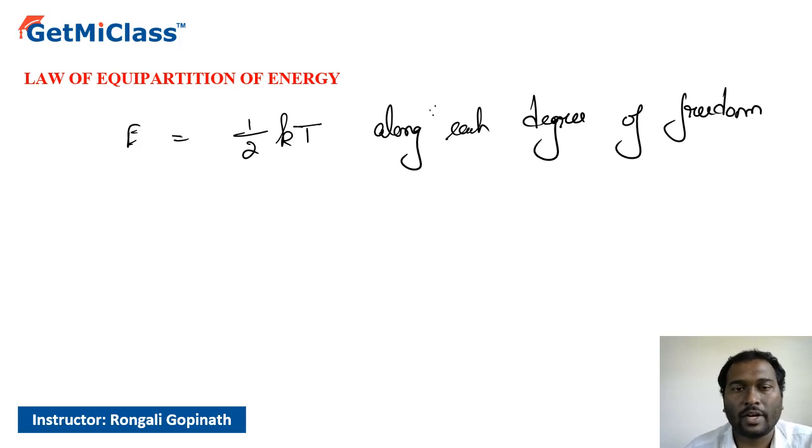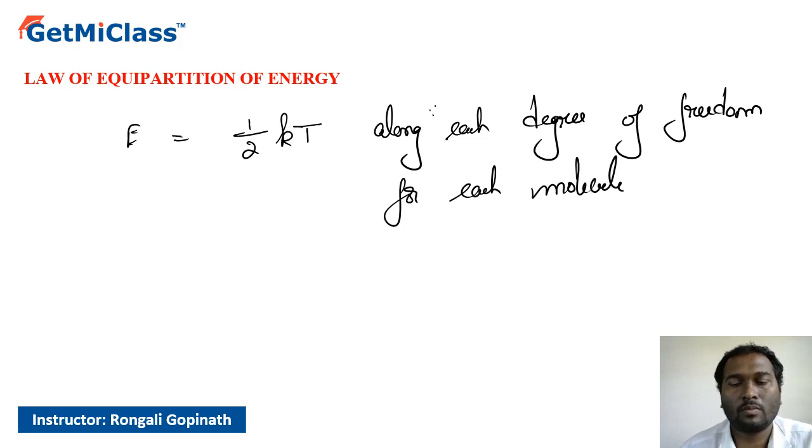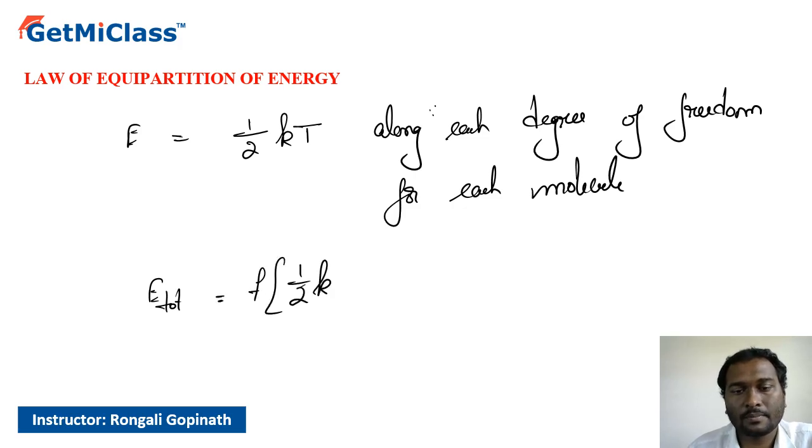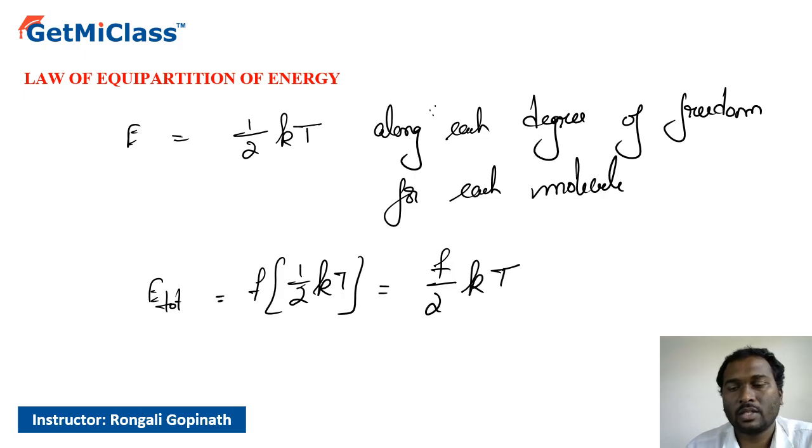So if a molecule has f degrees of freedom, can you tell me what will be the total energy? E total is f times half kT, that is f by 2 kT for one molecule.